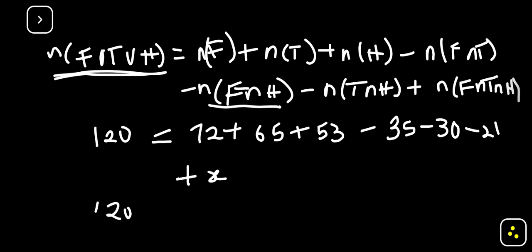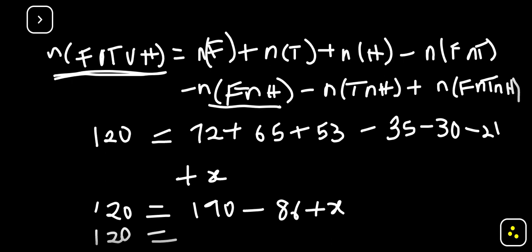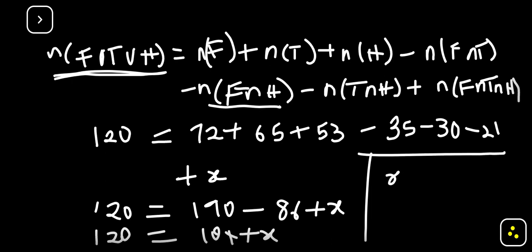So 120 equals 72 plus 65 plus 53. That gives us 190, minus 35 minus 30 minus 21. That is minus 86, plus X. So 120 equals 190 minus 86, that is 104, plus X. If we move 104 to the other side, X is equal to 120 minus 104.